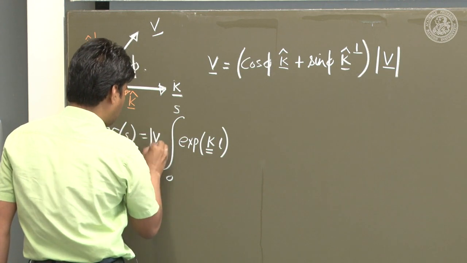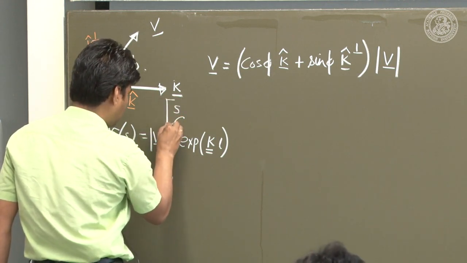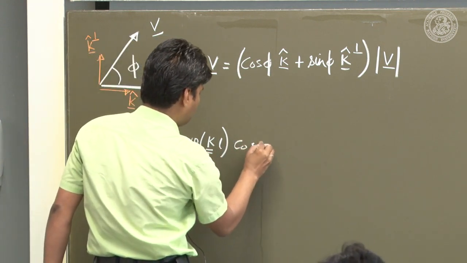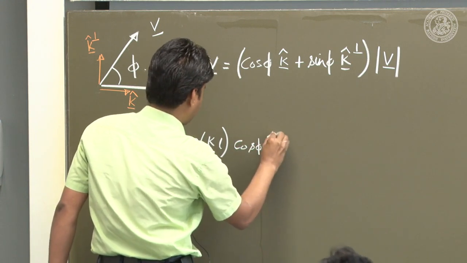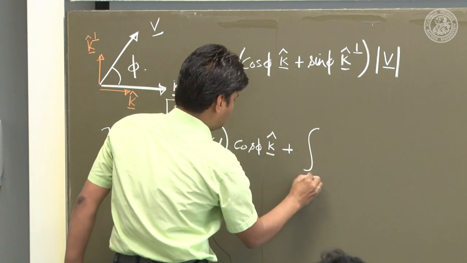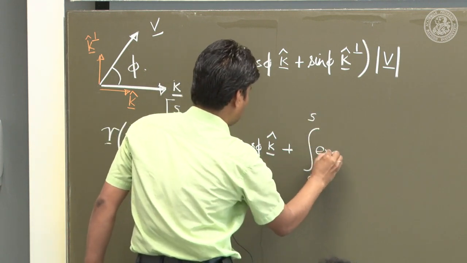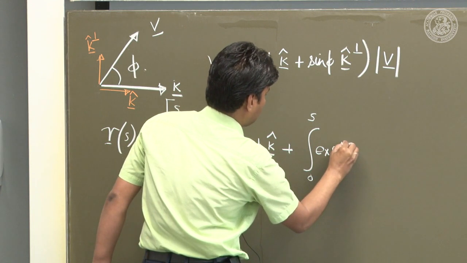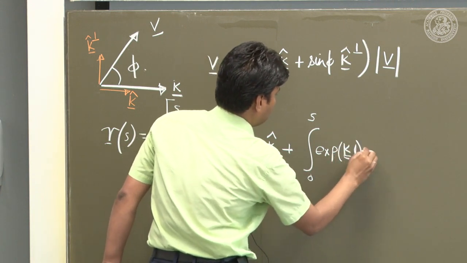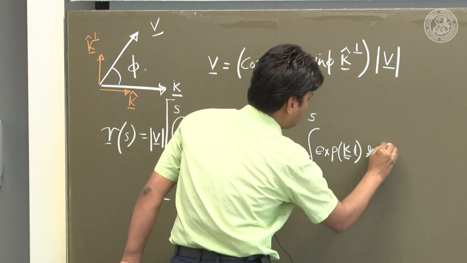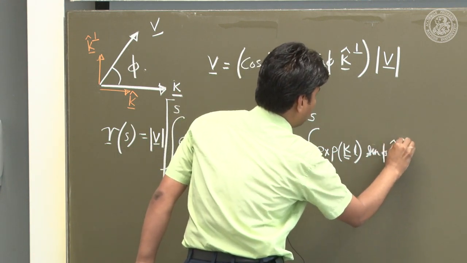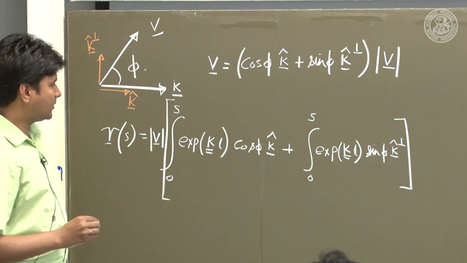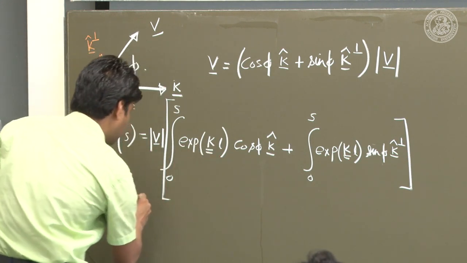So, V comes outside times cosine of phi of K hat plus 0 to S exponential of K L times sine of phi times K hat perp. Right? Now we can do a little more adjustment.